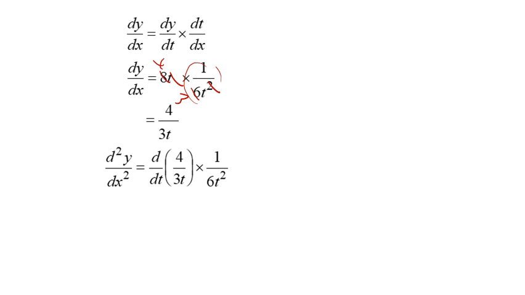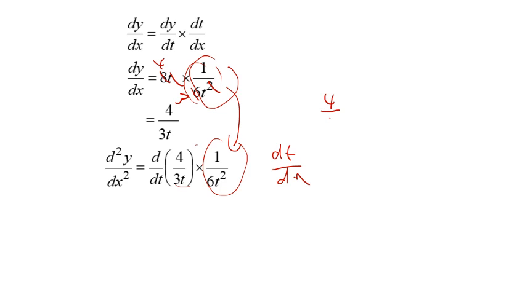And then to find the second derivative, using the chain rule also, we will differentiate dy/dx with respect to t. And don't forget, same as here, we need to multiply with dt/dx. In order to differentiate this with respect to t, I suggest you bring t above, so 4 over 3 t to the power of negative 1.